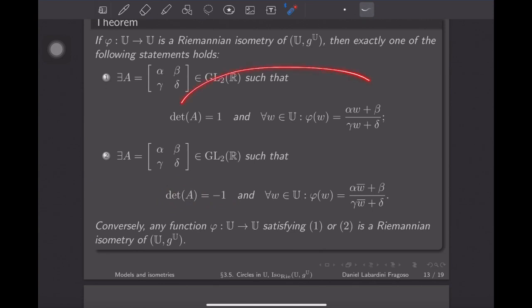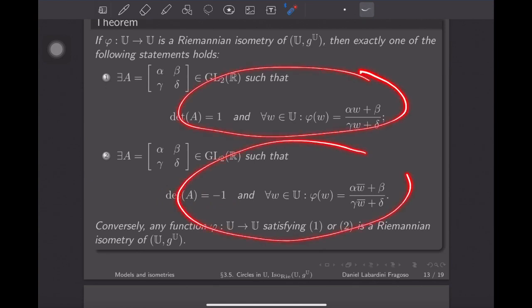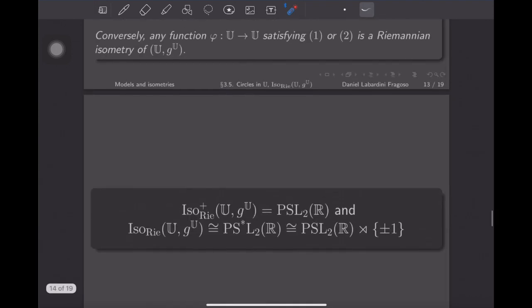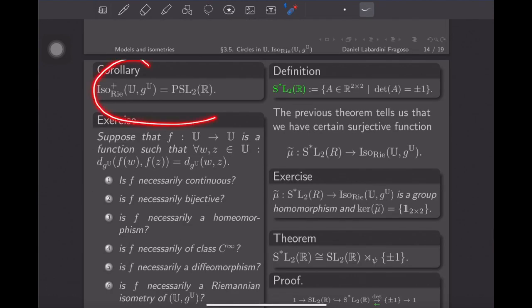Anyway, these preserve orientation, these do not preserve orientation, and it's all of them. It's all of the possible Riemannian isometries. So these ones are precisely all the ones that preserve orientation. That is, finally, we are able to give the full group of isometries that preserve orientation.